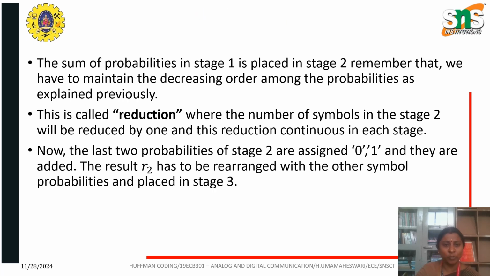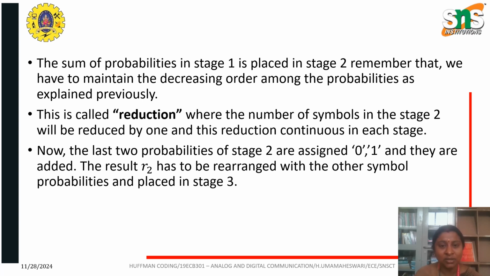So the sum of probabilities in stage 1 is placed in stage 2. Remember that we have to maintain the decreasing order among the probabilities. We call this a reduction, where the number of symbols in stage 2 is reduced by 1, and this reduction continues in each stage.